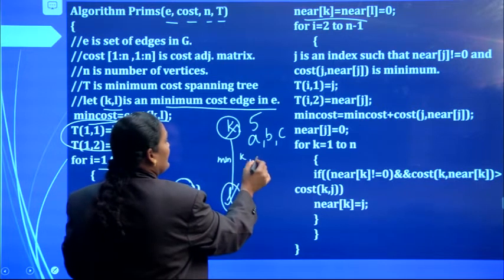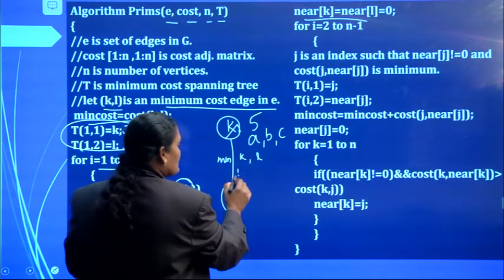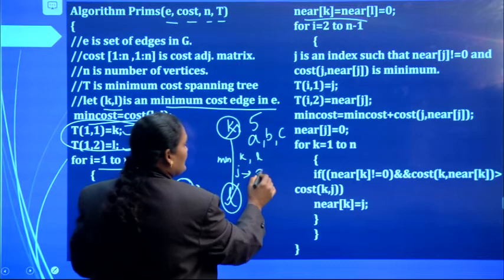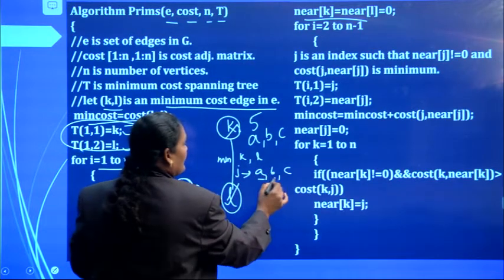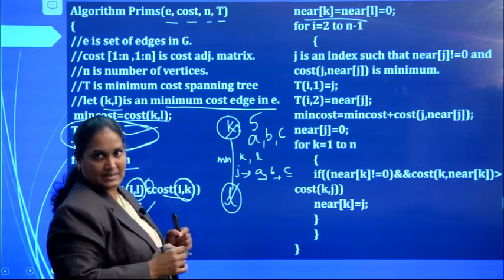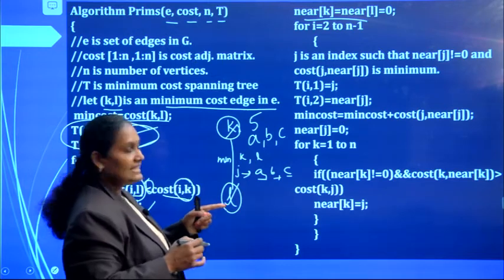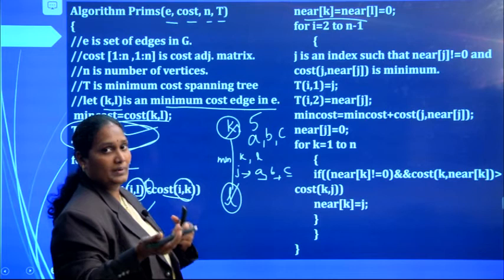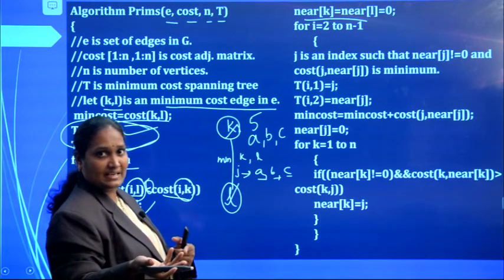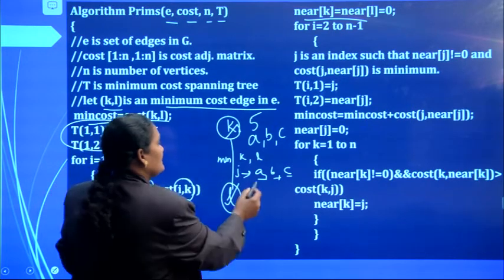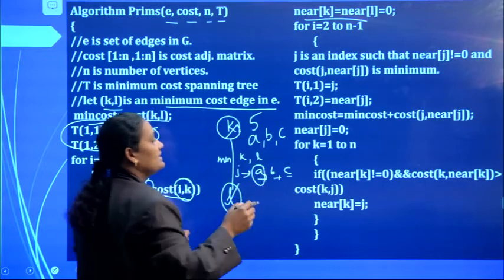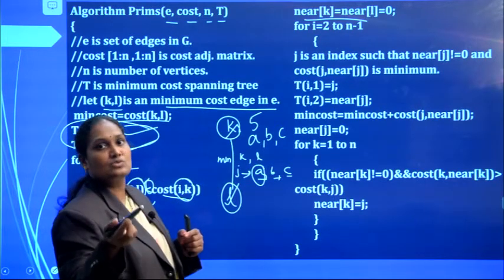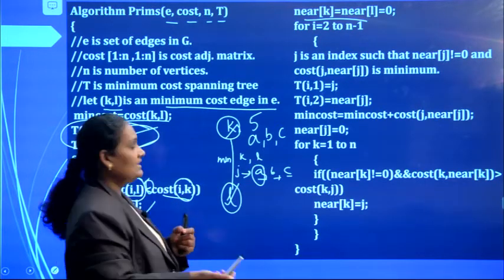Already I included K and L. Suppose here j becomes either A or B or C. Now out of those 3, which becomes j? A becomes j or B becomes j or C becomes j? How can I find it?